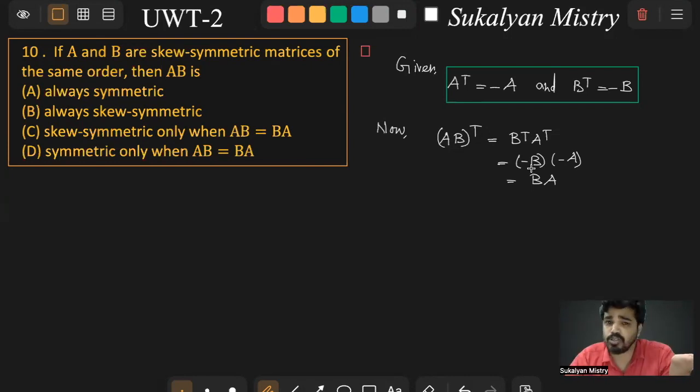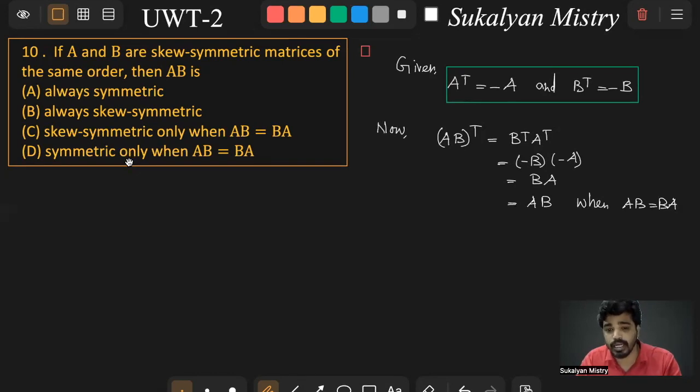Matrix addition is associative and commutative, but matrix multiplication is not commutative. That means AB is not equal to BA in general. So AB transpose is equal to AB only when AB is equal to BA. That means AB is a symmetric matrix if and only if AB is equal to BA.